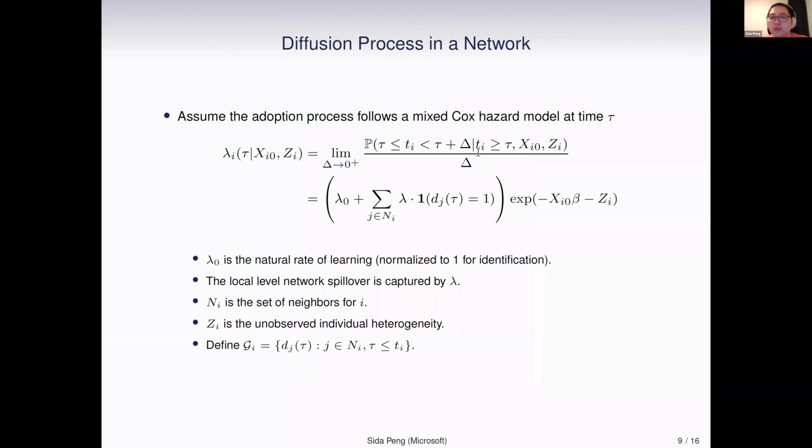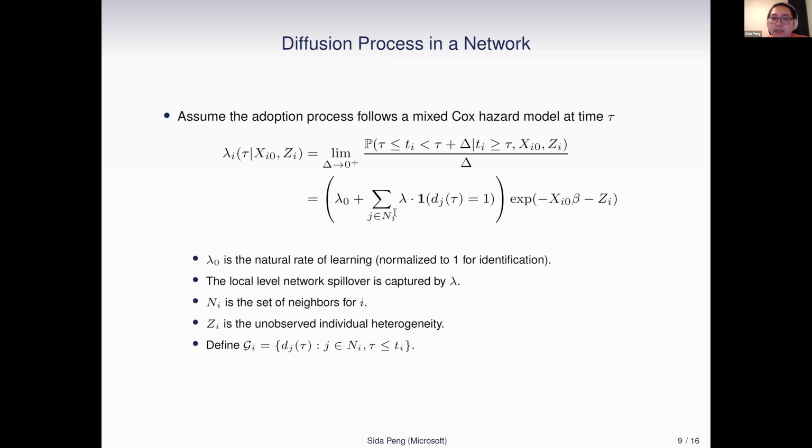We incorporate this network structure into the modeling of the hazard model. Let's define lambda I tau as the hazard of learning about the new technology. We model this in a Cox hazard model setting, where lambda 0 is the natural rate of learning, and this lambda represents the bonus to the hazard due to the network effects.